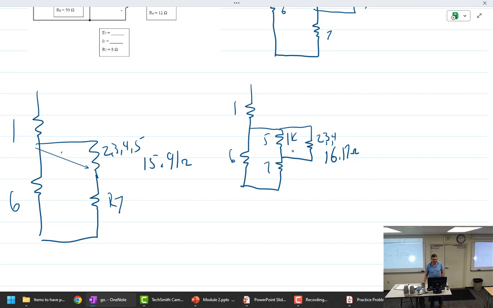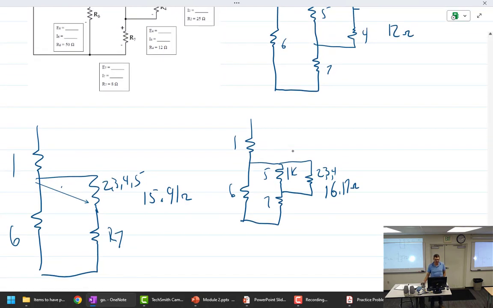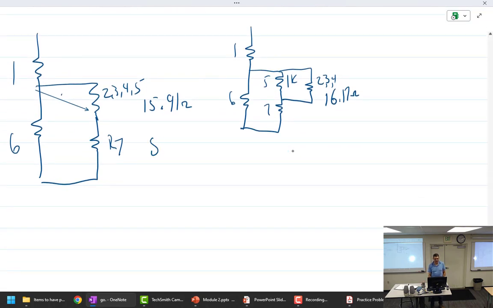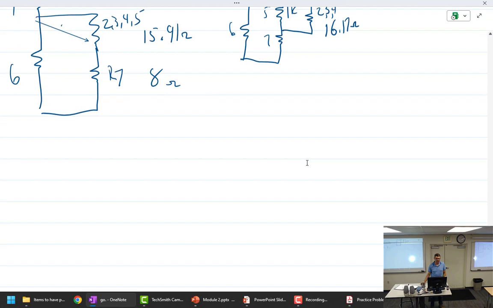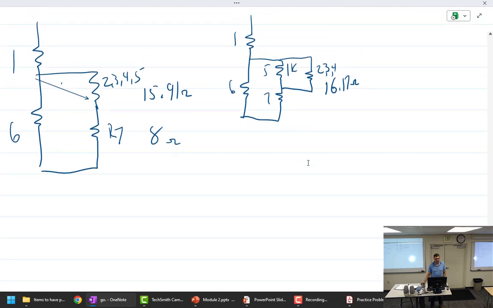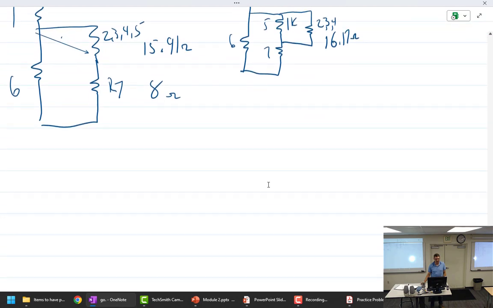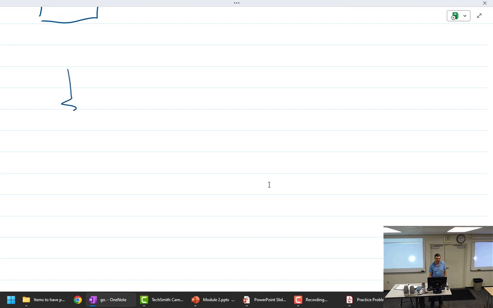That's exactly it. Combined with R7, which is in series at 8 ohms, so that means 2, 3, 4, 5, 7 is 23.91. So now I have R1, R6, and everything else in one big parallel arrangement.